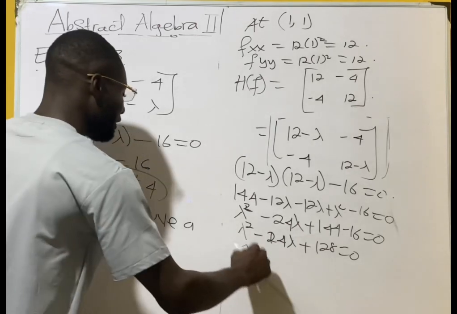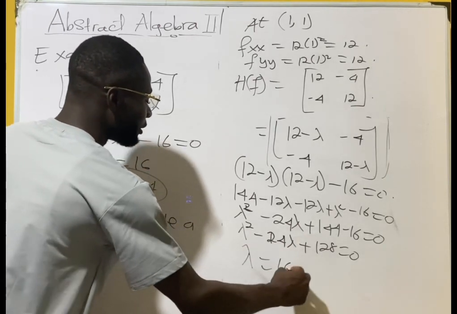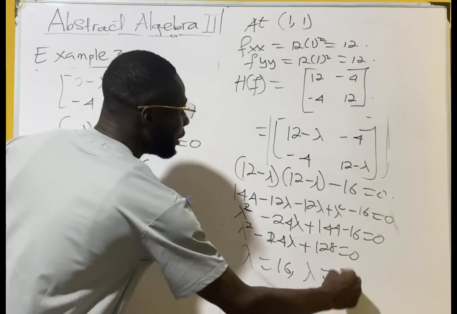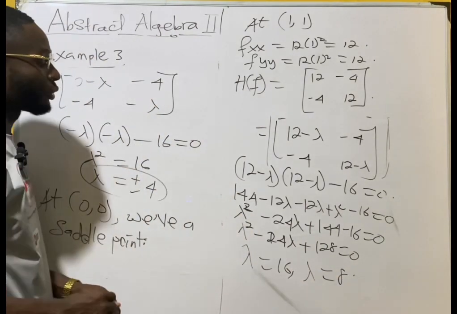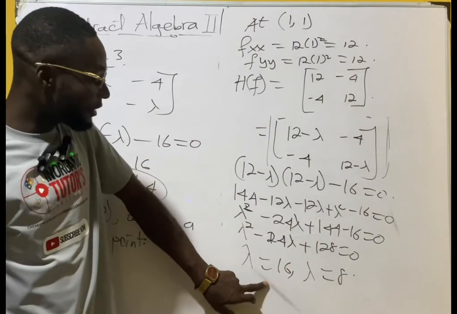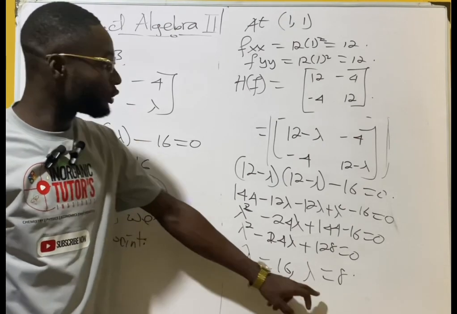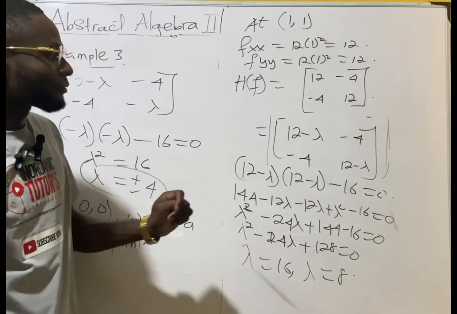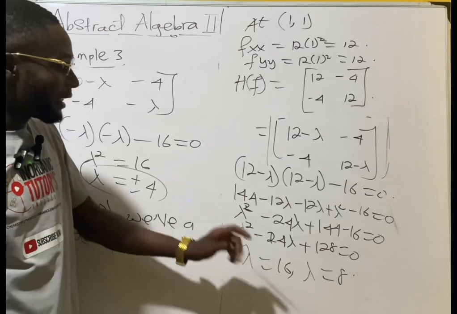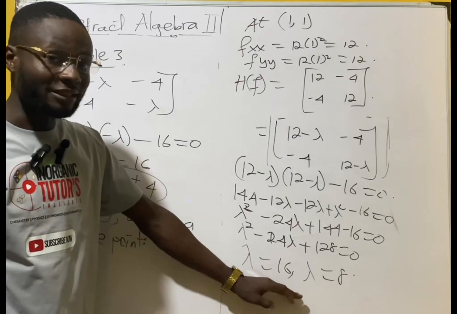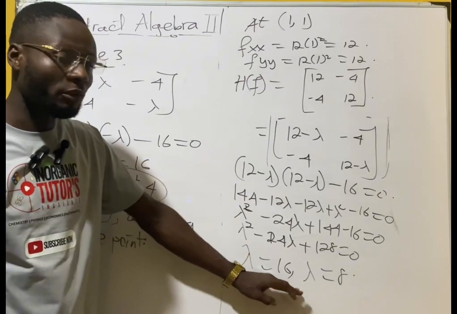This tells us that lambda is equal to 16 or 8. So the eigenvalues are 16 and 8, and they are all positive, so it is a local minimum.